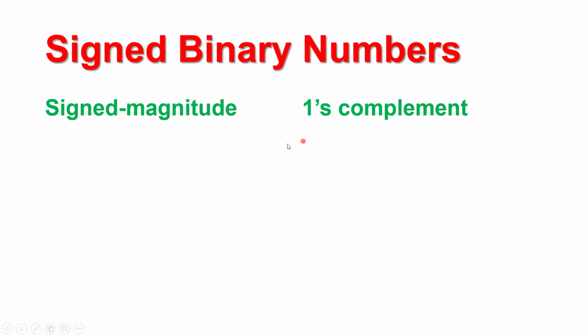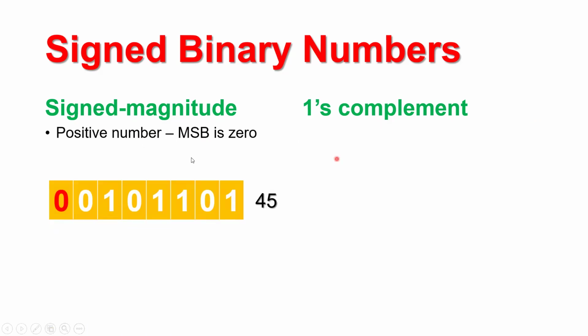So what you see here, in the comparison, for signed magnitude with a positive number, the MSB will be 0, as we just saw in the previous slide. It is the same as the representation of unsigned binary numbers. How about one's complement? We'll see that. But you see now, when we say it's a positive number using signed magnitude and you see the MSB to be 0, you can clearly assume this number is positive. So this is the binary form of +45 in decimal.